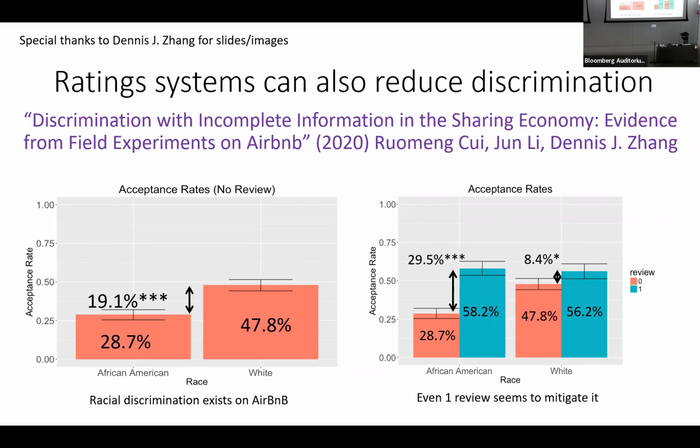I think what they try to capture, or at least this is my interpretation, is that there's some belief the host might have had about the guests, and even a negative review is better than the belief they had. But I think they avoid, and certainly I would like to avoid, mind reading a little too much.